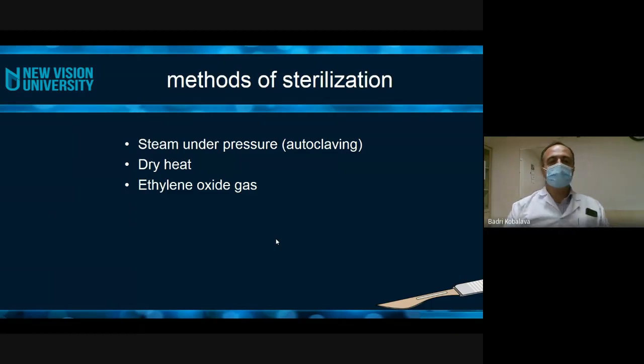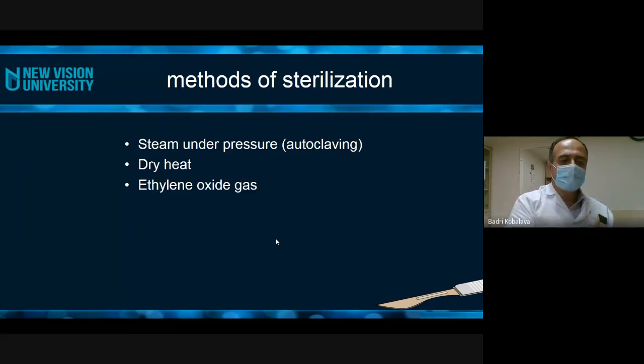We use these solutions to wash our hands, to wash the operating field before the incision, and also some instruments are placed in the antiseptic solutions. These methods are called antiseptics. But now about aseptics.